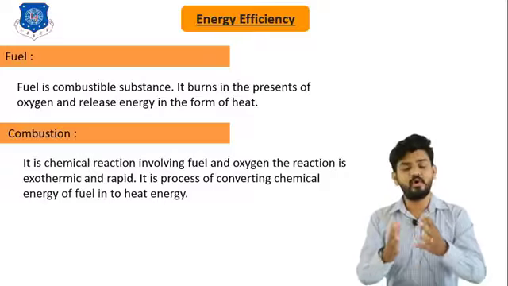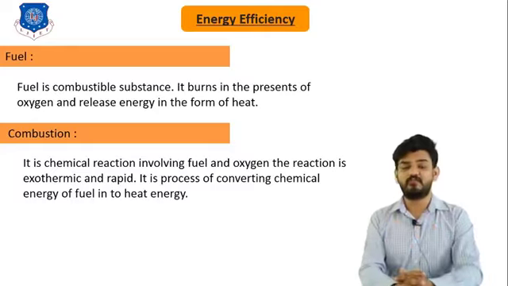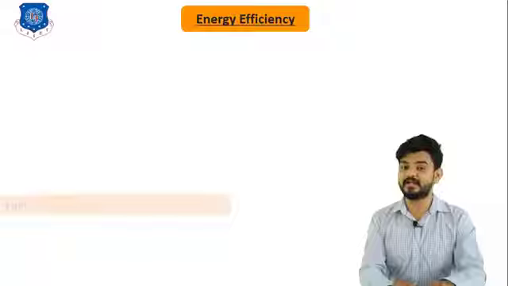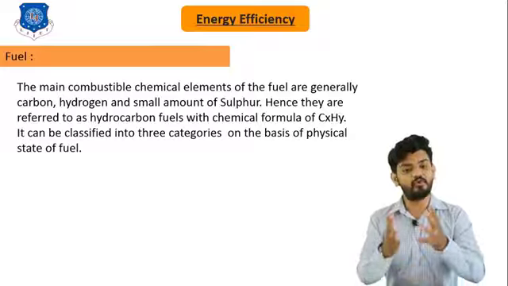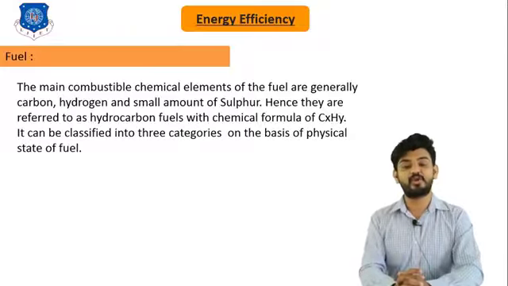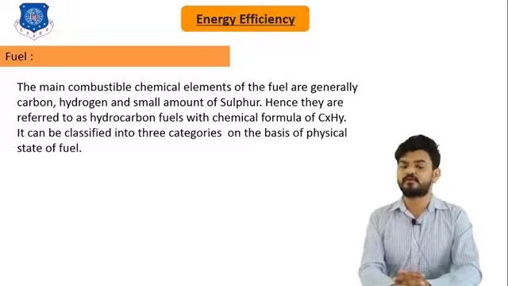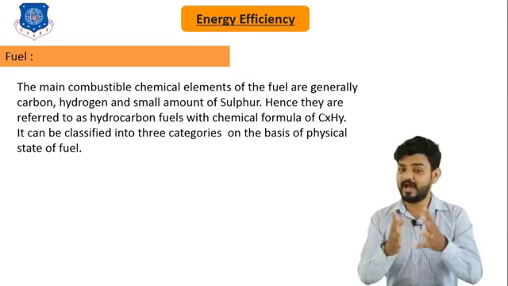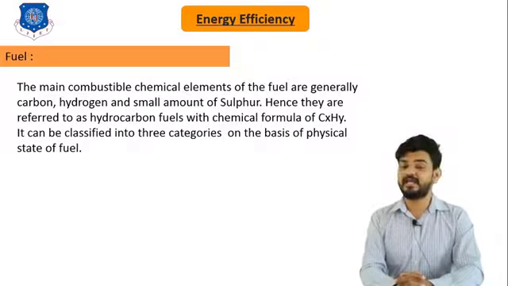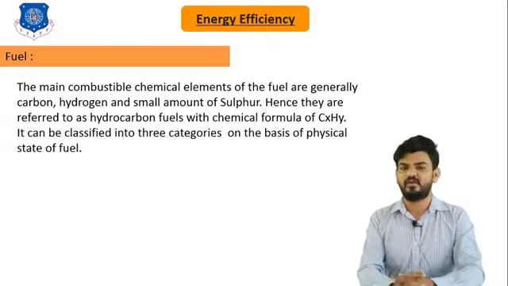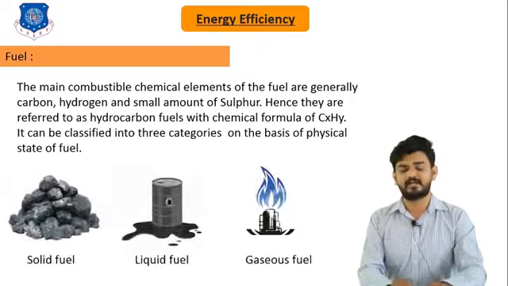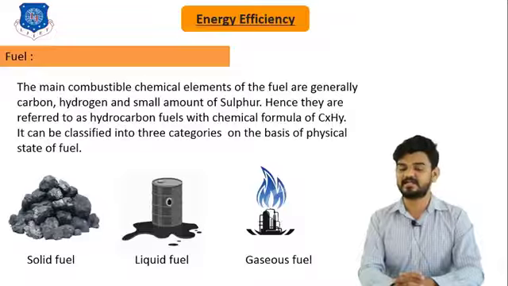Now let's move to the fuels and understand what the different fuels are and what the properties of these fuels are. The main combustible chemical materials in fuel are generally carbon, hydrogen and a very small amount of sulfur. So, sometimes they are referred to as hydrocarbon fuels with the chemical formula CxHy. They can be classified into 3 categories on the basis of their physical states. Any object is available in 3 physical states: solid, liquid and gas.